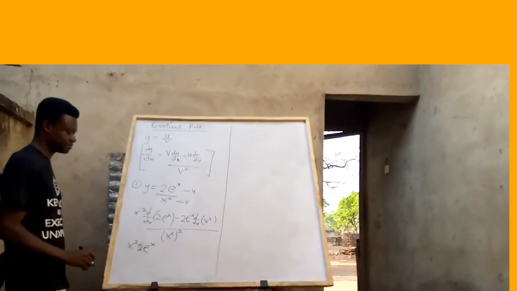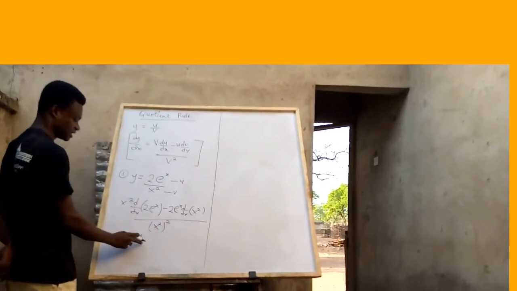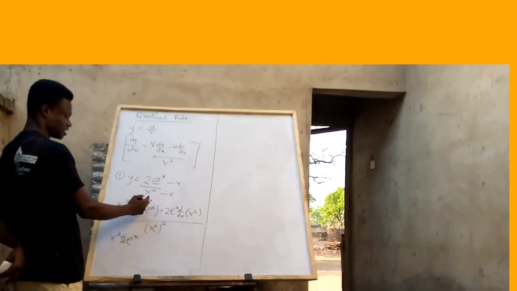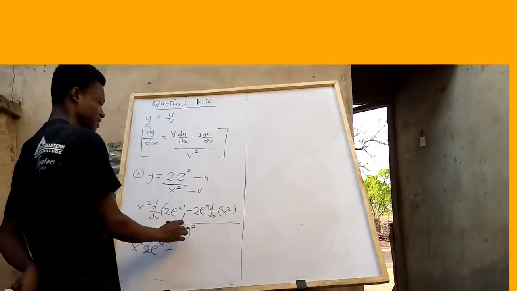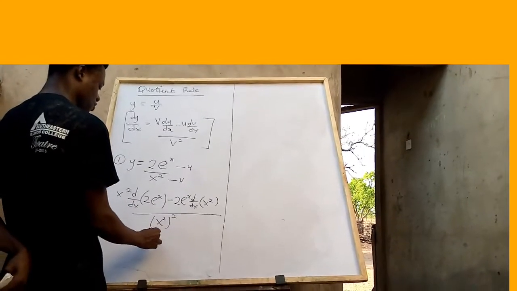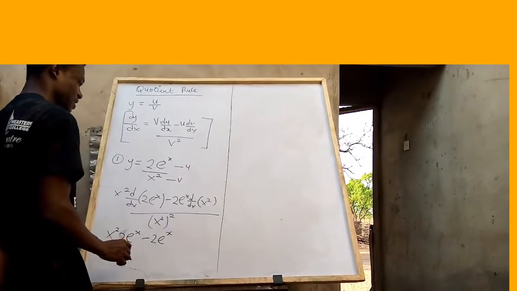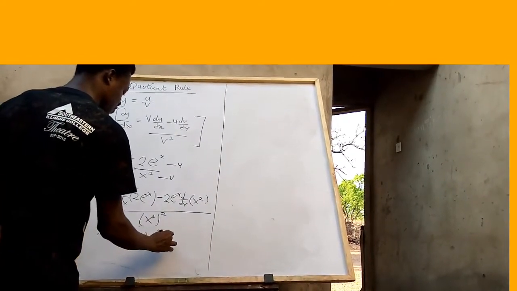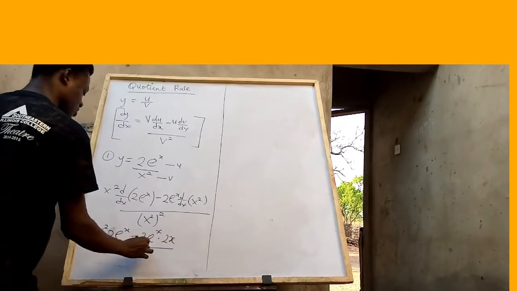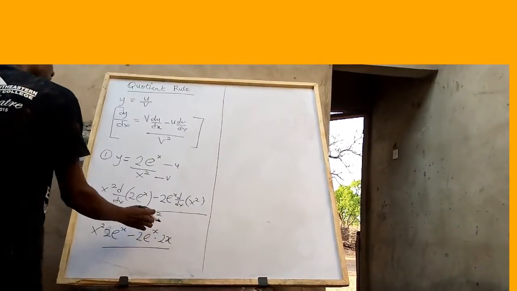Then minus here, I have 2e raised to power x, and I differentiate x squared, I get 2x. So I get my 2x here, all over x squared times x squared.